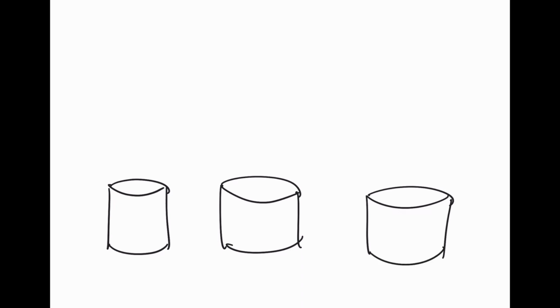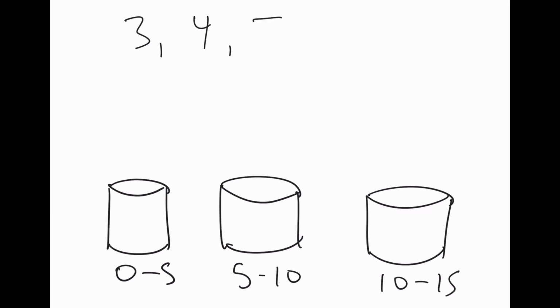and we give them a name like, let's say, 0 to 5, 5 to 10, 10 to 15. And let's say we have a bunch of numbers like 3, 4, 7, 9, 11.